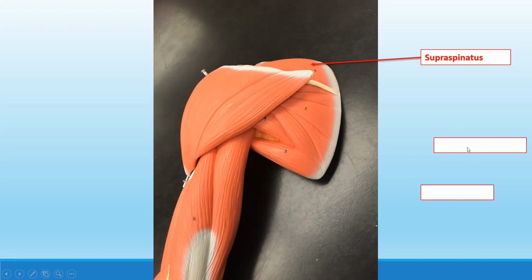Below that, we have the infraspinatus, which sits below the spine in the infraspinous fossa. So this is the second of the 4 rotator cuff muscles. The third muscle in the rotator cuff mix is what we call the teres minor.